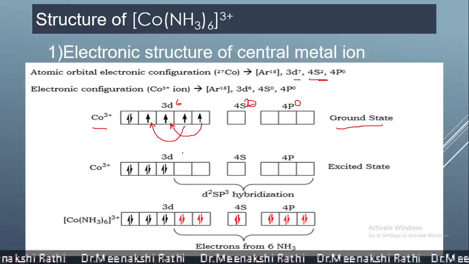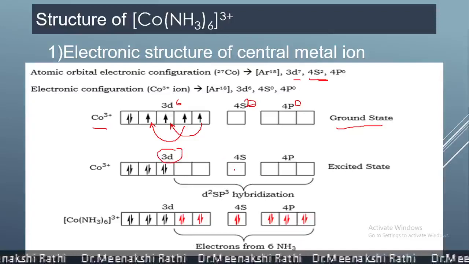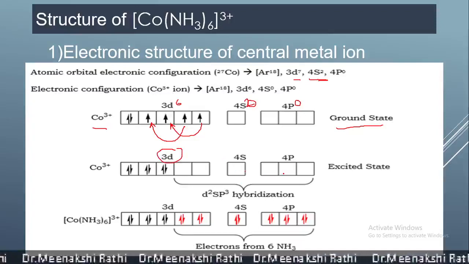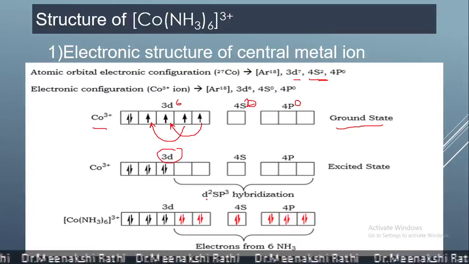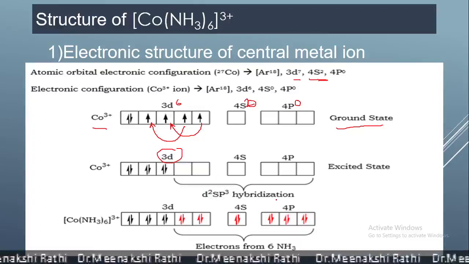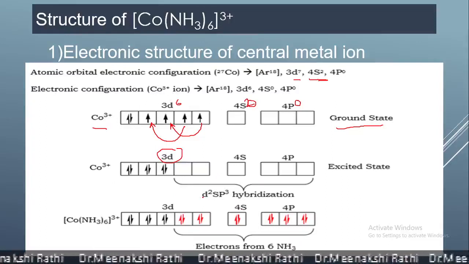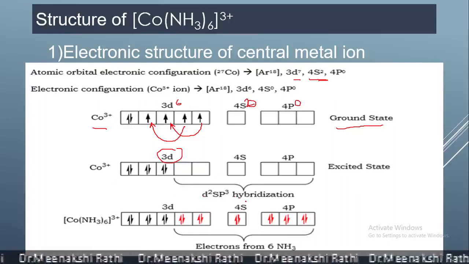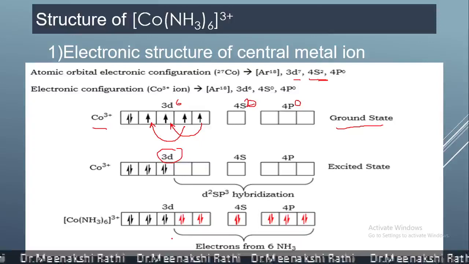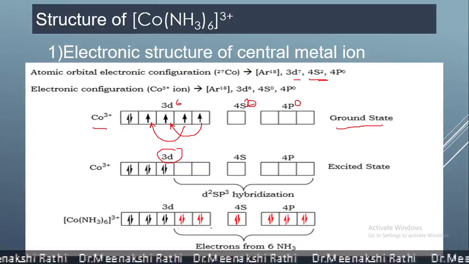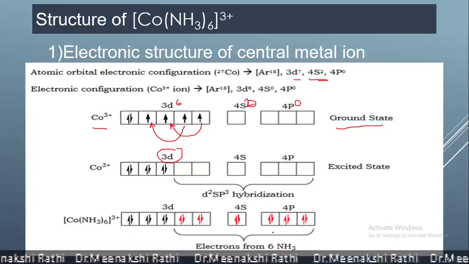These 2 vacant d orbitals from the 3d level, 1 4s orbital and 3 4p orbitals, all are empty. They undergo hybridization, and there is d2sp3 hybridization. The cobalt ion possesses 6 d2sp3 hybridized orbitals which accept electron pairs from 6 NH3, which are represented in red color, and in this way the complex hexaamine cobalt is formed.